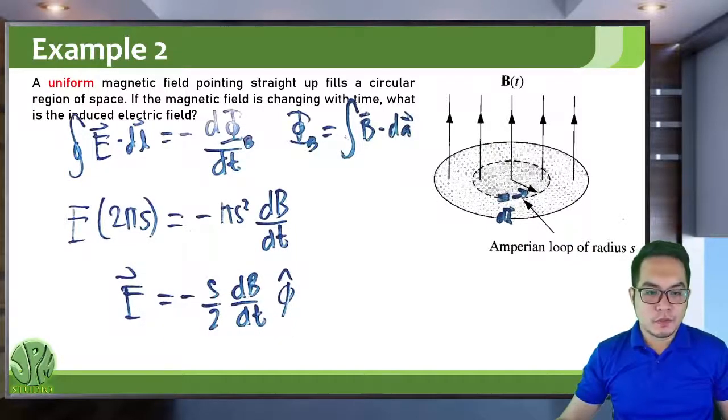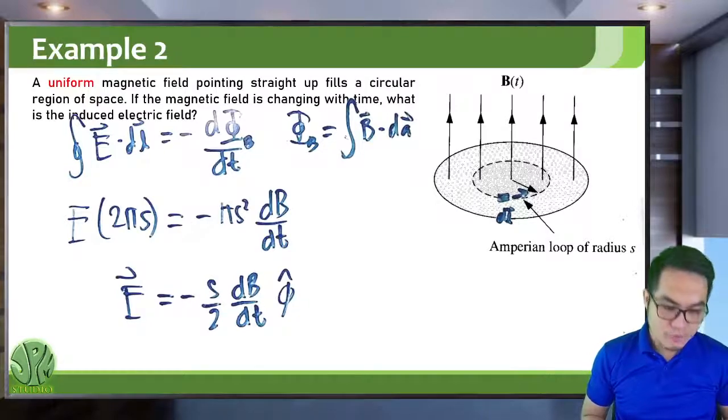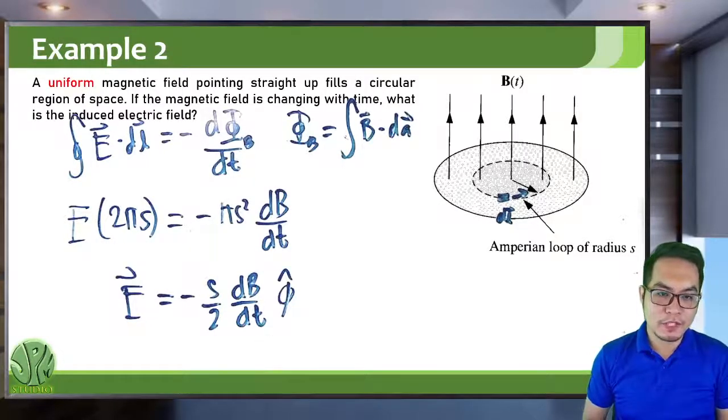Okay, so this is our result. The electric field depends on the change in magnetic field, dB dt.